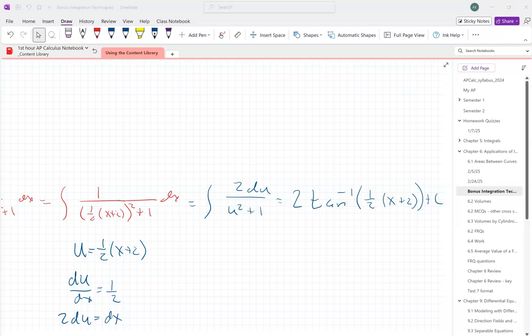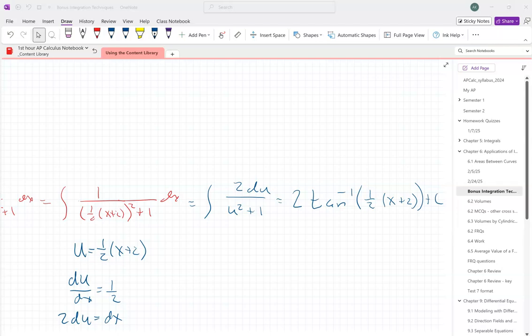So today the question was, how do I integrate a rational function? We saw 3 ways to do that, right? If the degree of the numerator is greater than or equal to the degree of the denominator, we're going to use division and then a u sub.